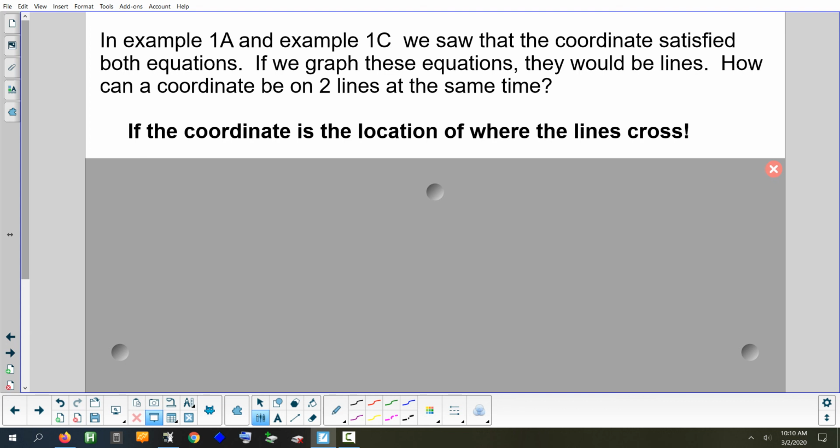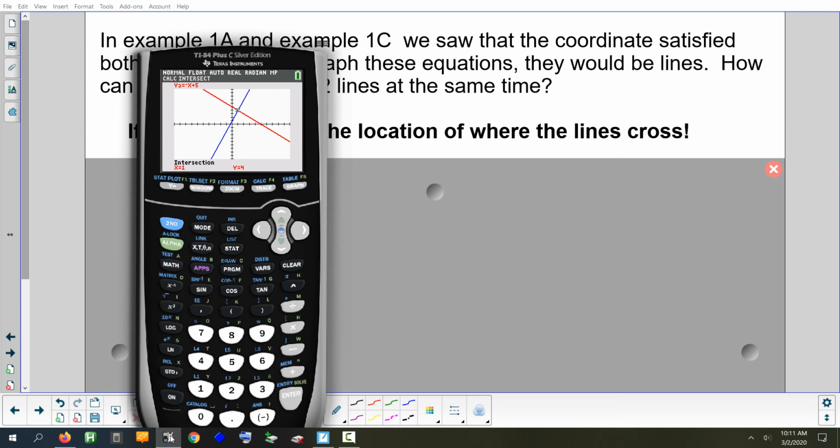The question is, how can a coordinate be on 2 different lines at the same time? Well, it can be on 2 lines if it's where they cross. So the coordinate 1, 4 is on the blue line in this picture, and 1, 4 is on the red line. It's on both because it's where they cross.